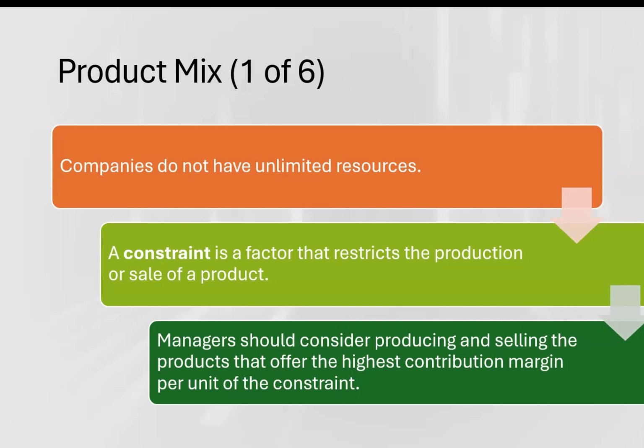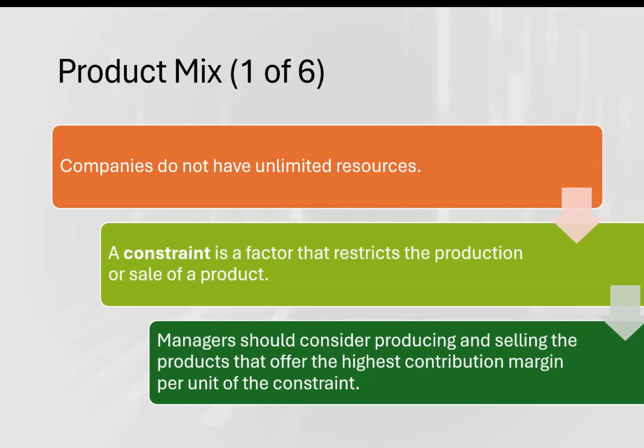However, if a company can sell all the units it can produce, the question becomes, which products should it prioritize and increase production for? So, when facing constraints, companies consider these questions. One, what constraints prevent the company from producing all the units it can sell?